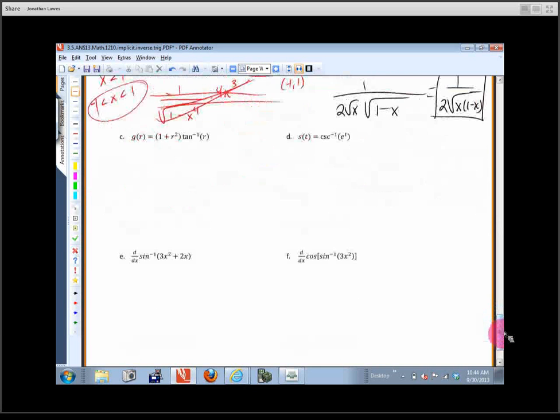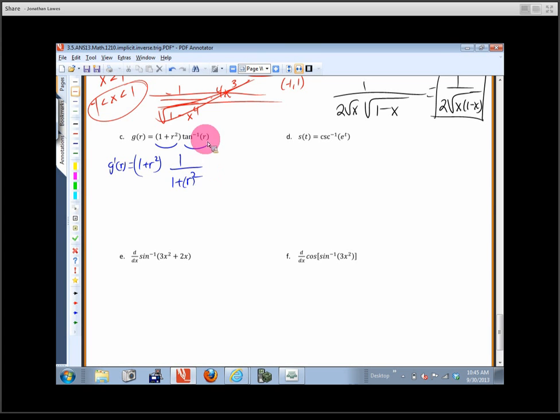Okay, all right, so let's take a look at this problem right here. What rule would I use here? Use the product rule, first and second. So g prime of r is going to be the first times the derivative of the second. The derivative of tangent inverse is going to be 1 over 1 plus r squared: 1 over 1 plus whatever we were taking the tangent inverse of, squared. If you wanted to emphasize that, you could put that in parentheses.